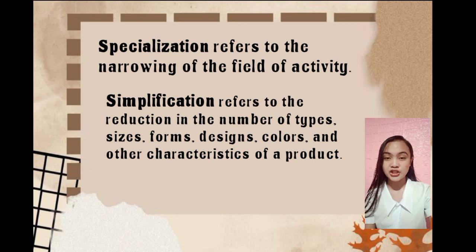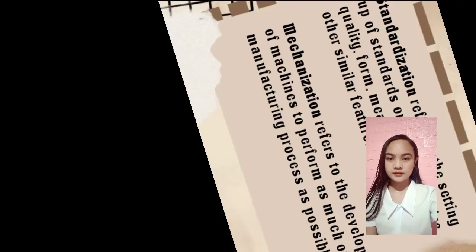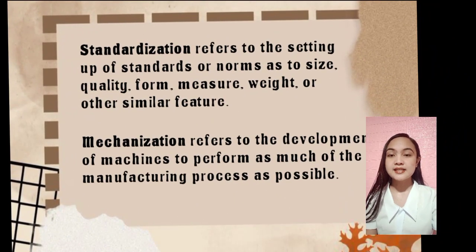Simplification refers to the reduction in the number of types, sizes, forms, designs, colors, and other characteristics of a product. And the third one is standardization. This refers to the setting up of standards or norms as to size, quality, form, measure, weight, or other similar features.